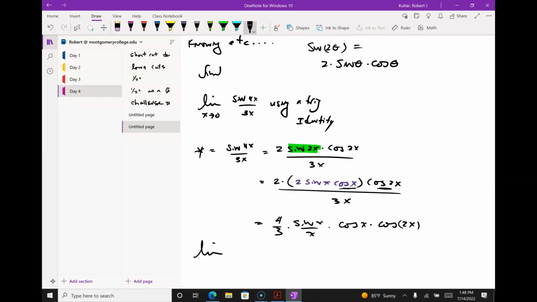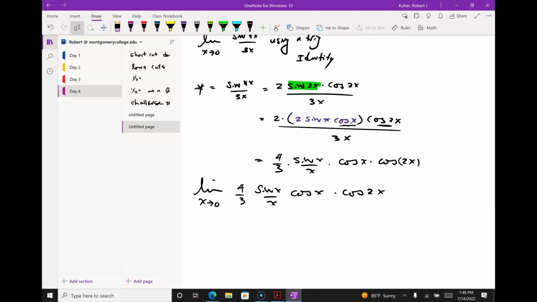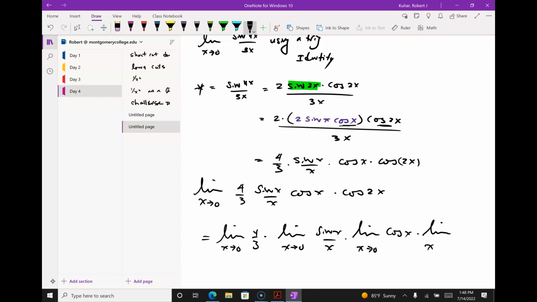So the limit as x goes to 0 of 4 thirds sine x over x cos of 2x can become a product of limits. The limit as x goes to 0 of 4 thirds times the limit as x goes to 0 of sine x over x times the limit as x goes to 0 of cos x times the limit as x goes to 0 of cos 2x.